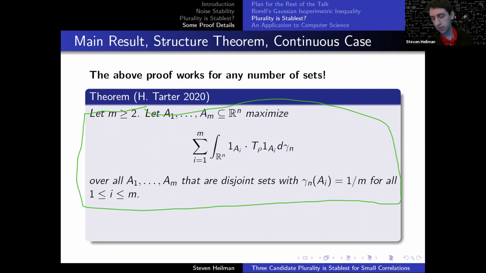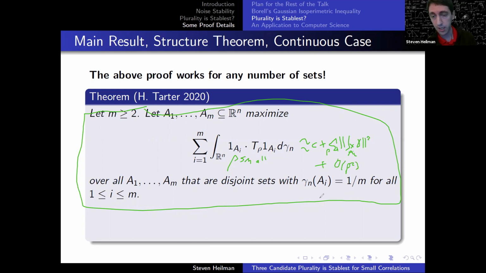So where does this smallness arise if this is the continuous version? Another good question. I'll warn you, I have to teach soon, so I'll probably have to leave soon, but I can connect this to what I just drew. When rho is small, we know from Fourier analysis that this is basically a constant plus rho times the sum of the Gaussian moments of the A_i squared, plus big O of rho squared.